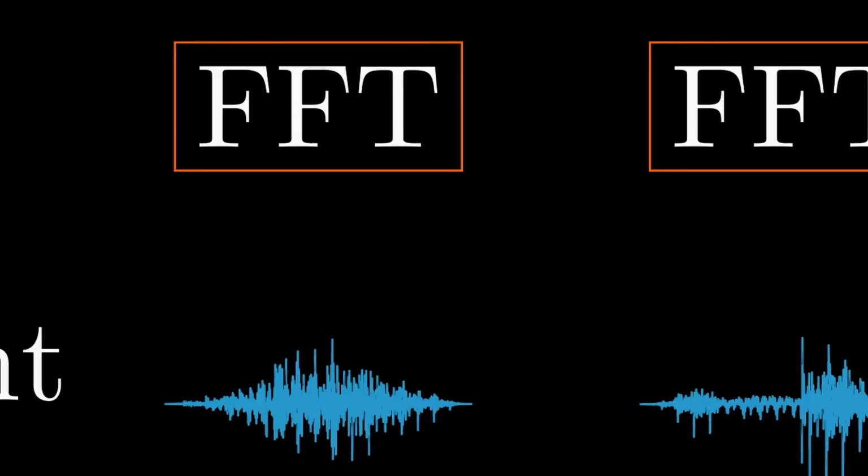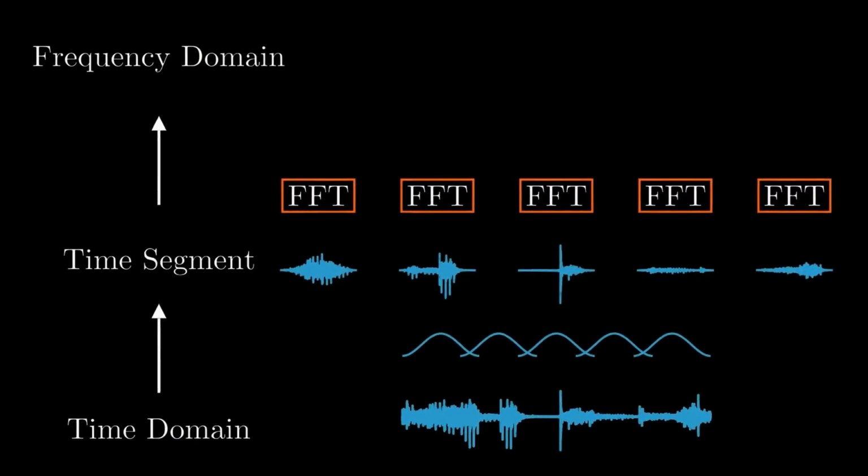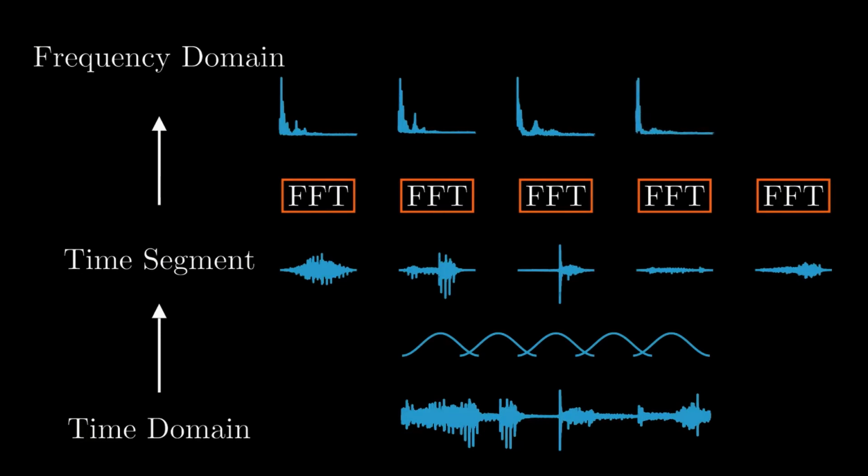So let's go back to the STFT overview. We were about to apply the FFT on our windowed signals. I'm sure you can now easily interpret the amplitude spectra for each of those windowed signals. There's one problem left here.